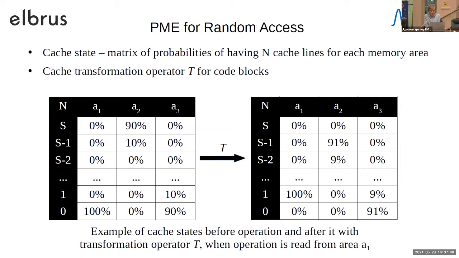For example, here the operation is a read from area A1. So one line for area A1 is loaded into the cache, and maybe a line from A2 or A3 is evicted from the cache.